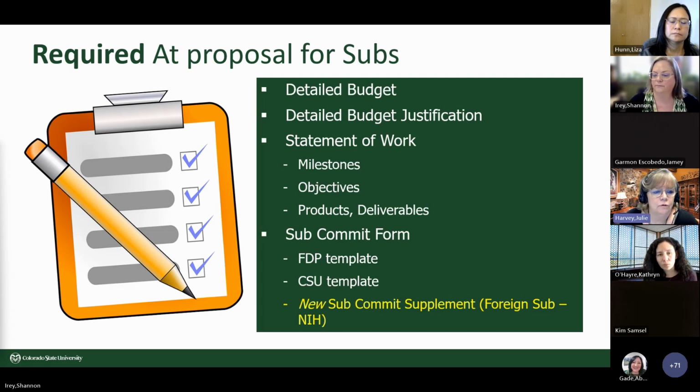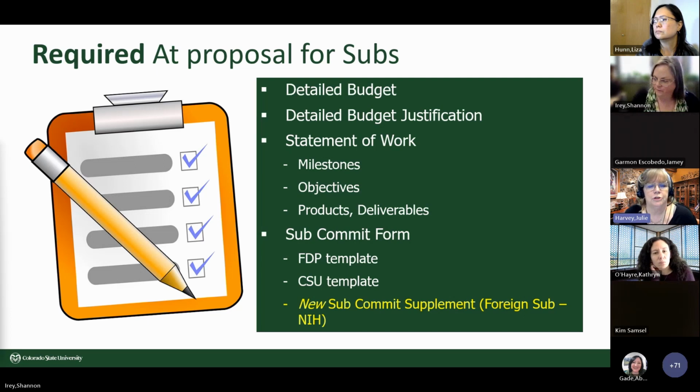And for every sub, we need a detailed budget and a detailed justification, whether the sponsor needs it or not, CSU needs it. We need a statement of work, which ideally would include milestones, objectives, products, and deliverables. A lot of times we get a sentence and we really need more than a sentence.